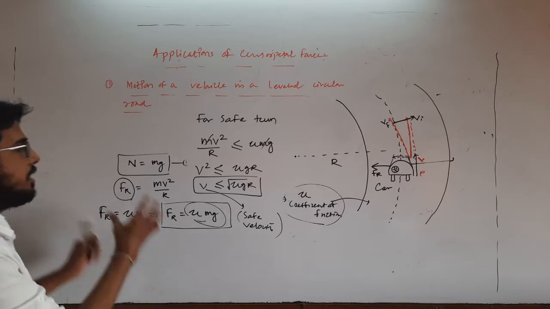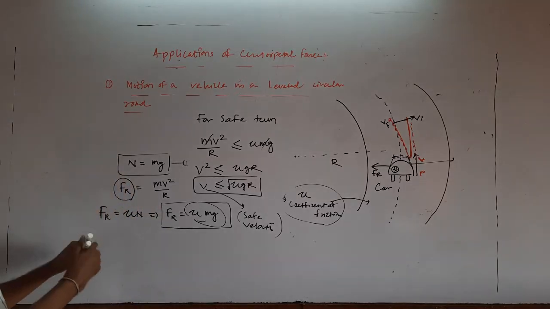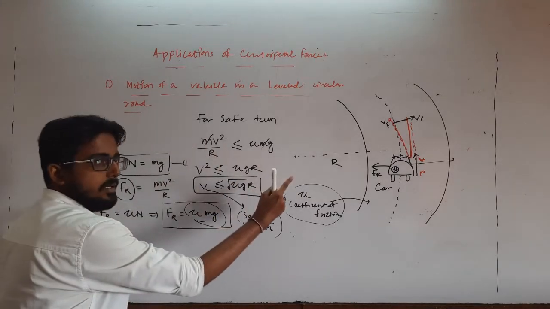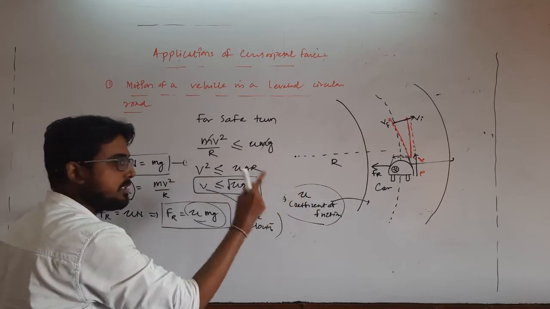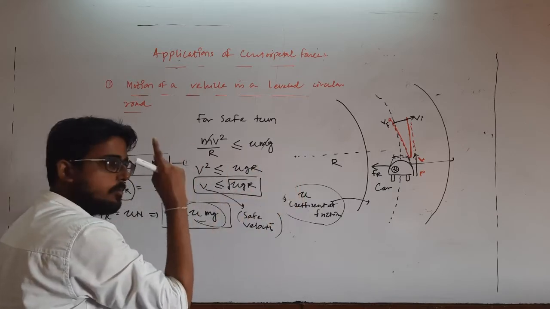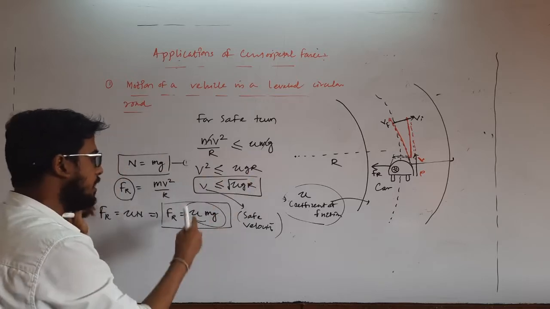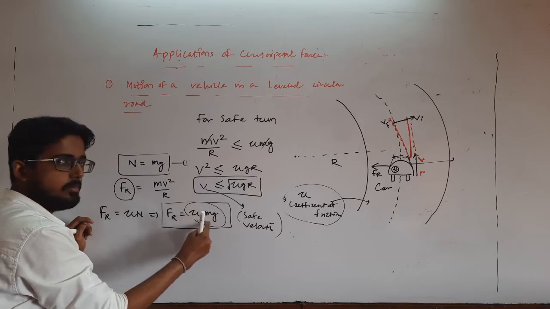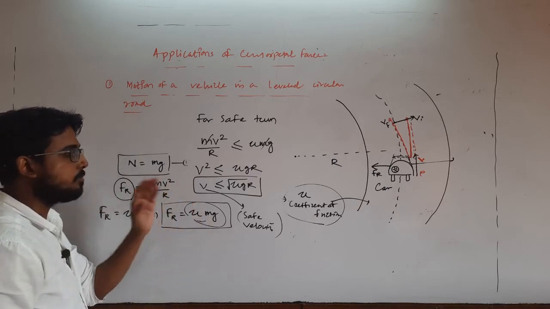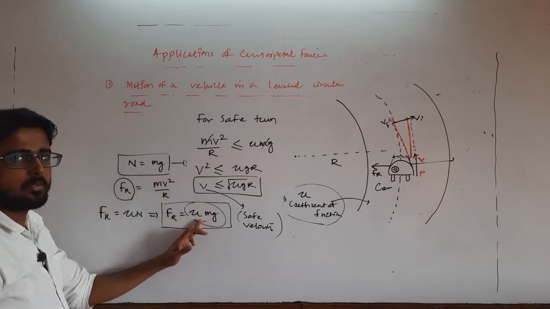Clear? So in a level circular path, the required centripetal force or the centrifugal force acting on the vehicle is balanced by the frictional force, and the maximum frictional force for the vehicle on a track having coefficient of friction mu is how much? Mu mg. So the centrifugal force must be less than or equal to this much value.